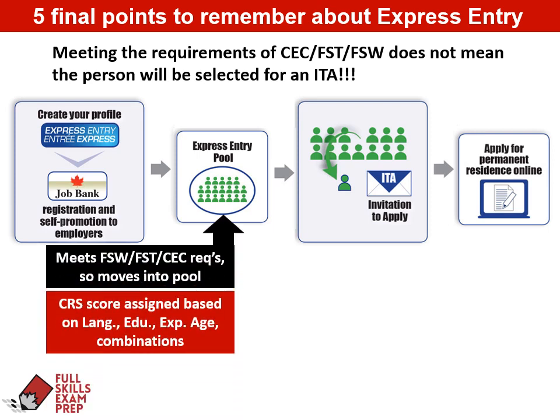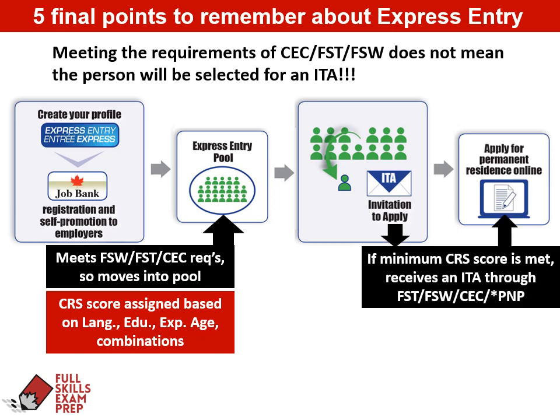So remember that if a person meets those minimum requirements of the Federal Skilled Worker Program, Federal Skilled Trades, or Canadian Experience class, they would move into that pool of candidates. A CRS score is assigned, and that's based on all those elements that we looked at already. So language, education, experience, age, combinations of all of these, the person's spouse, etc. Now the really important part is here.